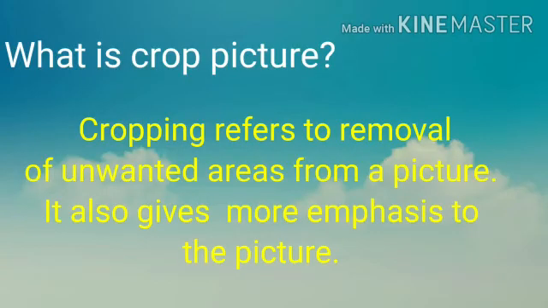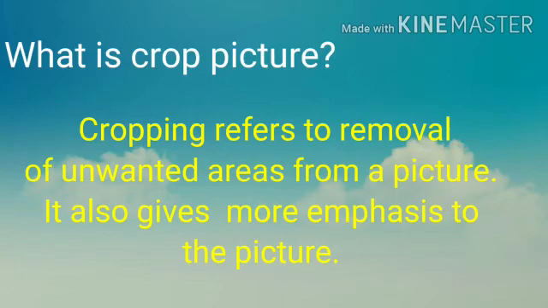Sometimes it happens that when we click a picture, many unwanted parts also come with the click. So what happens? It may make the document or the picture not look attractive. So we want to remove those unwanted portions.